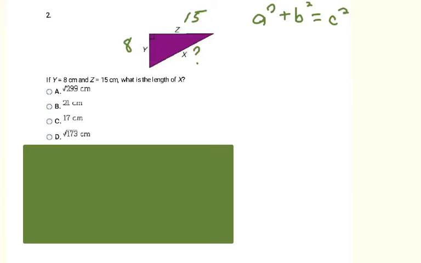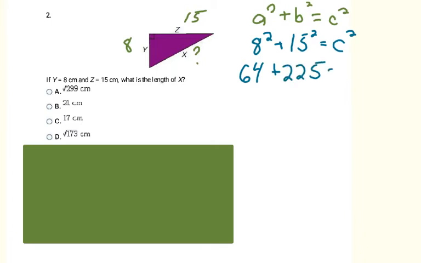So I'm going to substitute into that. I'm going to have 8 squared plus 15 squared, and I'm looking for my hypotenuse, so I'm looking for C, so I'm going to have that equal to c squared. Then I square those numbers. 8 squared is 64, and 15 squared is 225.